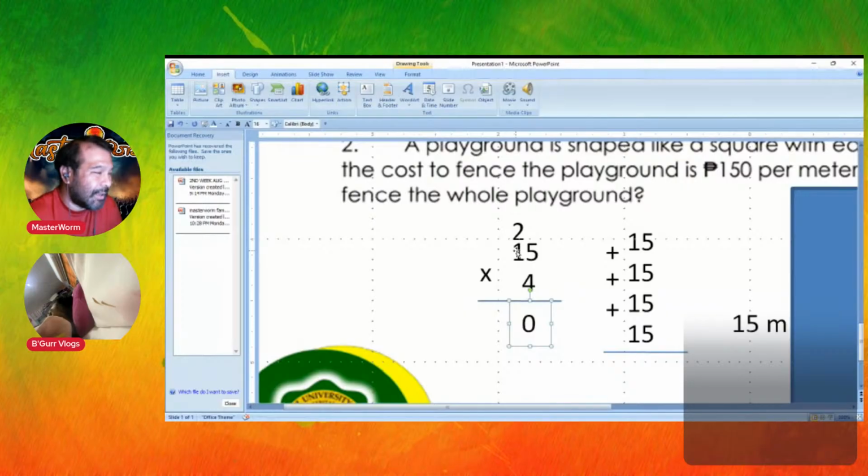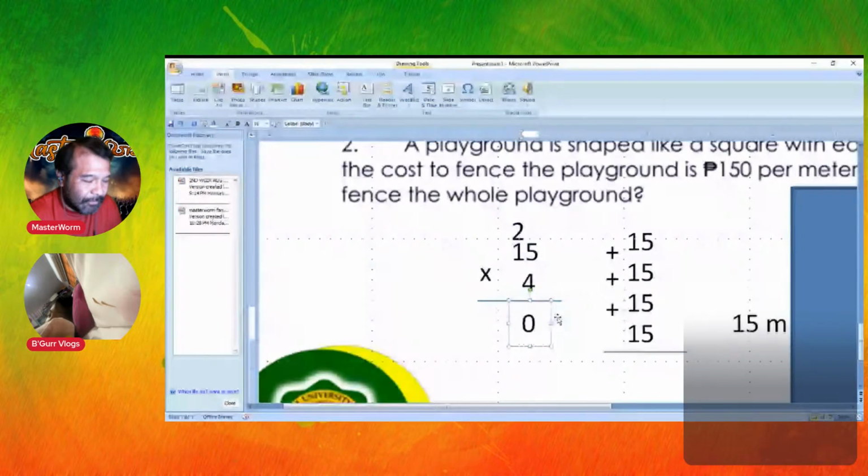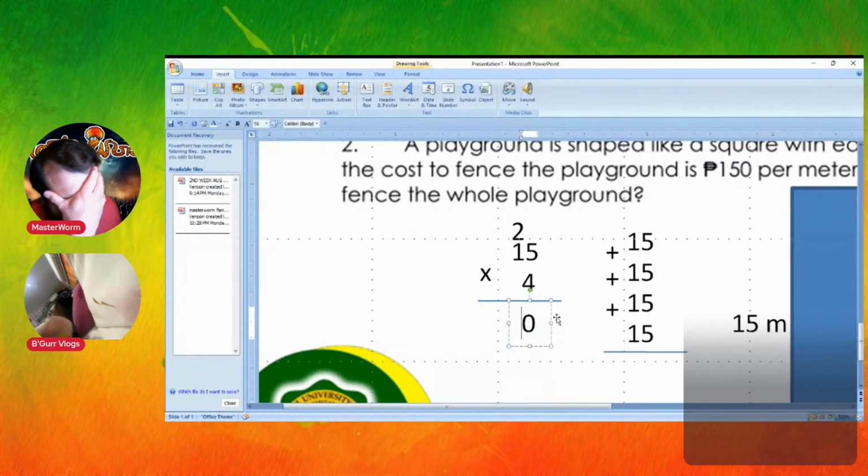Anything you multiply by 1 is the same number, 4. Okay, that's 4. And then 4 plus the number 2 that you added here from the 20. 4 plus 2, how much? Not times, plus 2. 6. Very good. Okay, so 6.